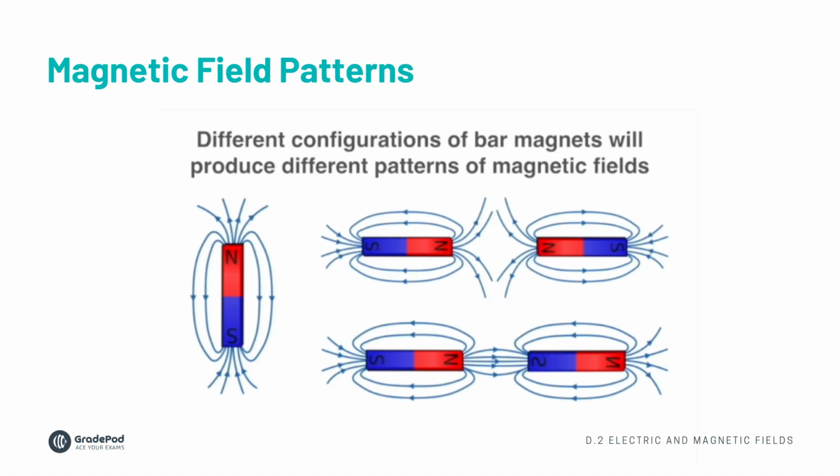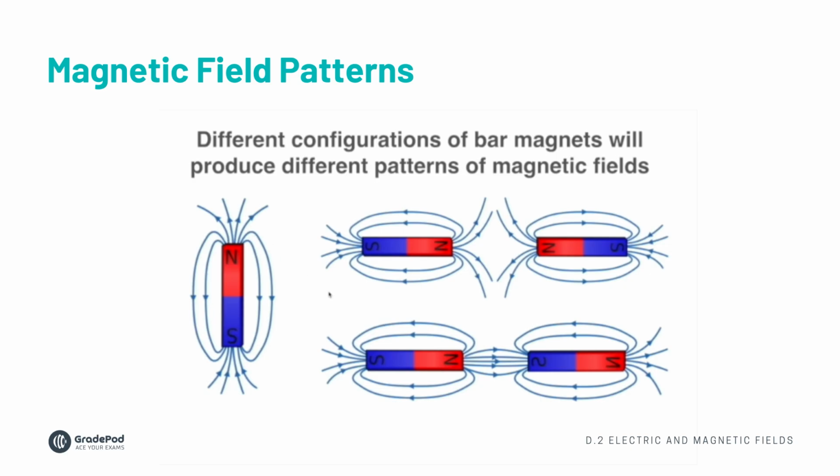There are a couple of patterns that you should be familiar with, and these patterns of bar magnets are in particular quite important. You should be able to draw these bar magnet patterns. You've seen this one before, this was on the previous slide.